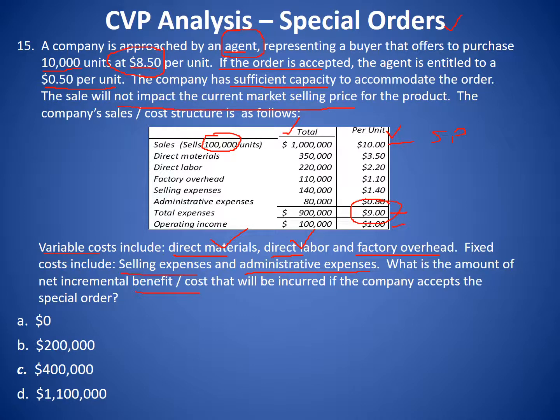So at first glance, would we want to accept an order at a $9 cost when we're only going to make $8.50 in terms of selling price? Well, in order to actually do the calculation, we have to go through an incremental analysis here. So again, you're given some answers. Go ahead and do your calculation. Stop the video, and when you're ready, restart your video.